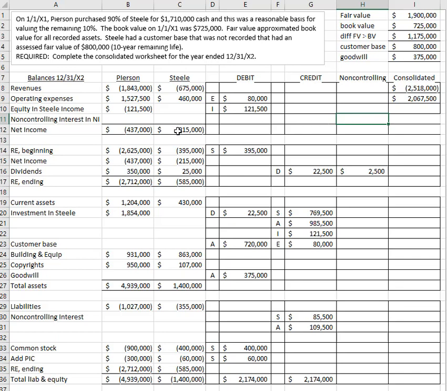So non-controlling interest is their original earnings minus the expense. And so the non-controlling interest would be 10% of that. So the consolidated net income attributable to the parent, that's going to go in the parent's retained earnings, is going to be that 437.